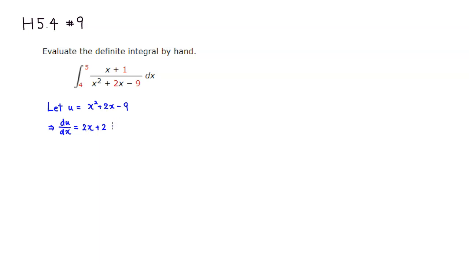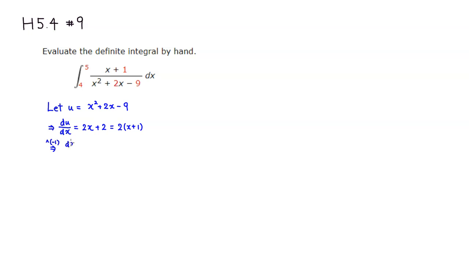Since both of these terms have a 2 in them, I'm just going to pull out the 2. So you have du over dx equals 2 times quantity x plus 1. Then I'm going to take the reciprocal of both sides, basically putting everything upside down.